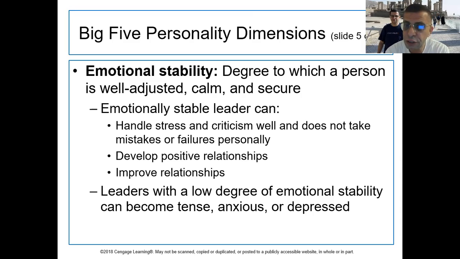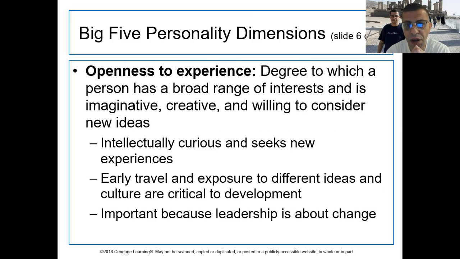They develop positive relationships and improve relationships. Leaders with a low degree of emotional stability can be tense, anxious, and depressed, sometimes, or most of the time. So these are the first four.